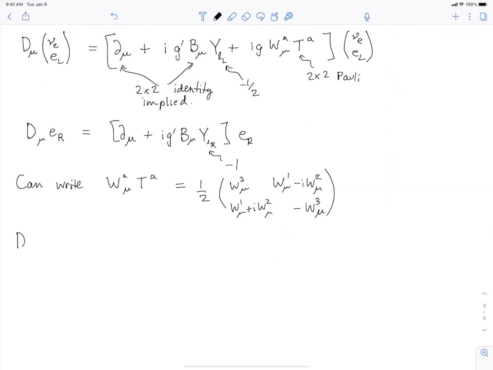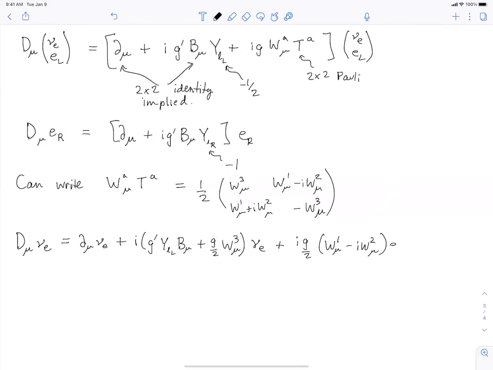So we can write D mu nu e equals partial mu nu e plus i times g prime Y L B mu plus g over 2 W3 mu times nu e. That's sort of the identity part of the matrix. And then there's the off diagonal part, which is i g over 2 times W1 mu minus i W2 mu, and that's multiplying e left.